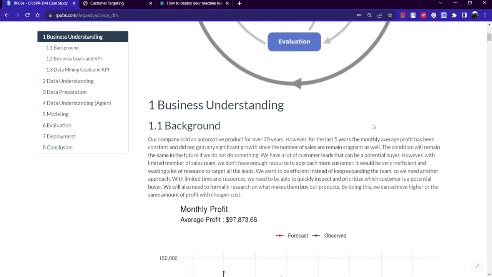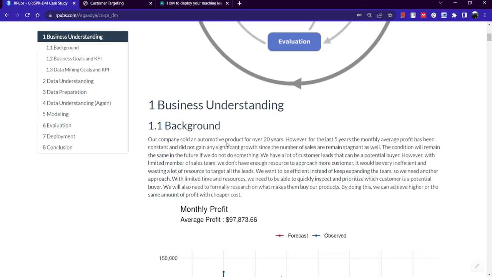So let's look first into the problem. Let's say you are working in an automotive company, and the company has decided to employ data mining. So they gathered the technical team, let's say the IT team, and they sit down to explain the problem from a business perspective.